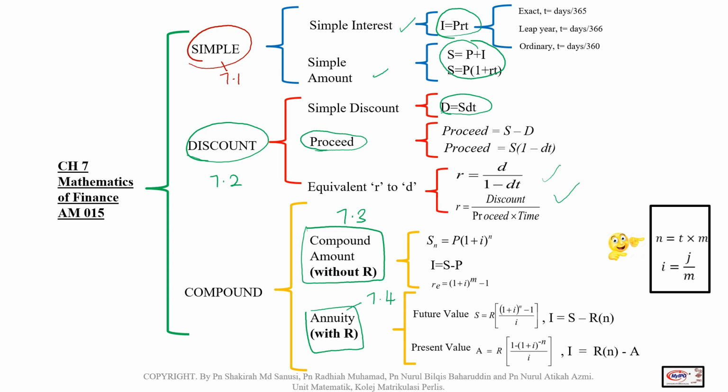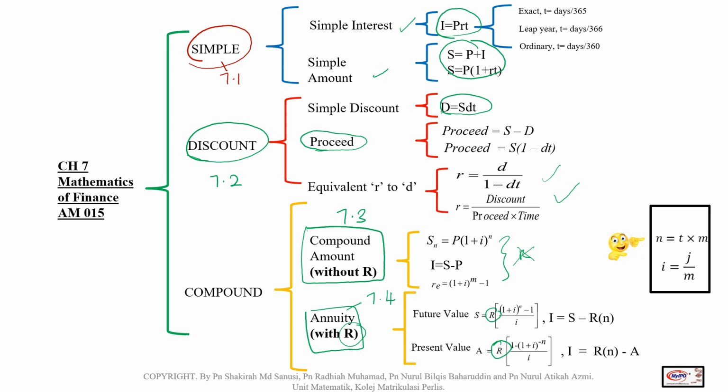Meanwhile, for compound amount without R and annuity with R, what is the difference between them? Obviously, for annuity we have the value of R in the formula. Whether future or present, both formulas contain R. Meanwhile, for compound amount without R, there is no R in the formula.